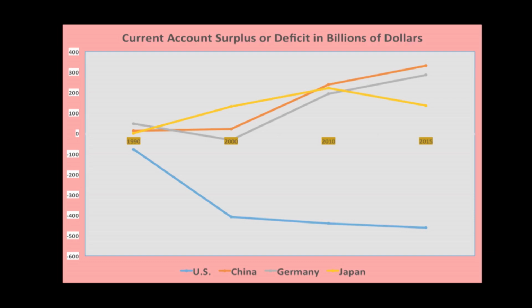It reached $463 billion in 2015 and should be about the same in 2016. Meanwhile, several of our leading trading partners, China, Germany, and Japan, have persistent and large current account surpluses.